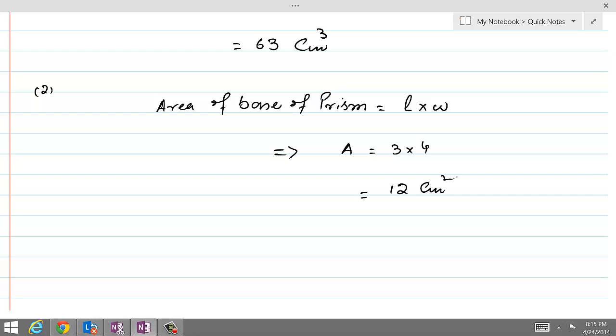Now we have the area. We can find the volume of the prism.